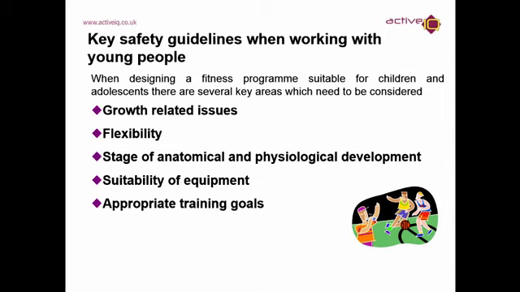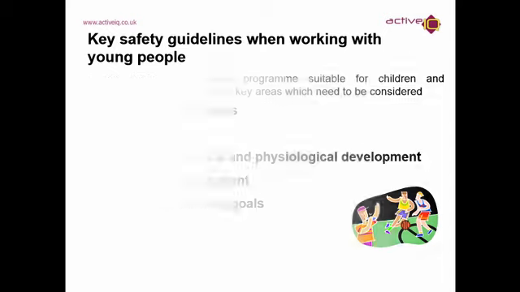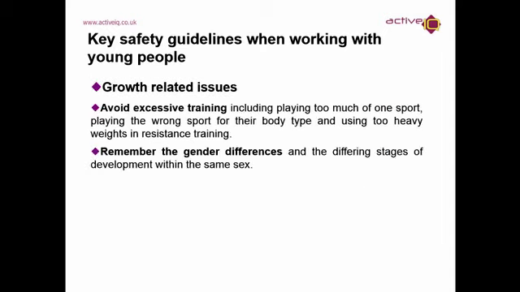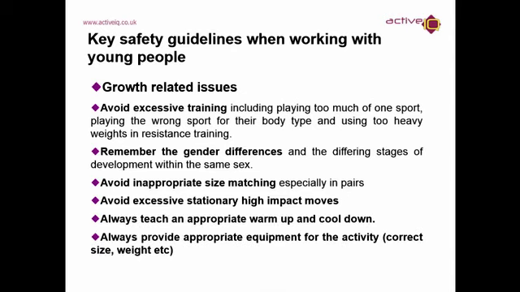We've also got flexibility and the amount of movement possible at each joint. We've got the stage of anatomical, physiological development, which we'll look at a little bit more. We've got the suitability of the equipment. Does it fit them? Is it appropriate? And we've got appropriate training goals. So let's have a look at this a little bit more.